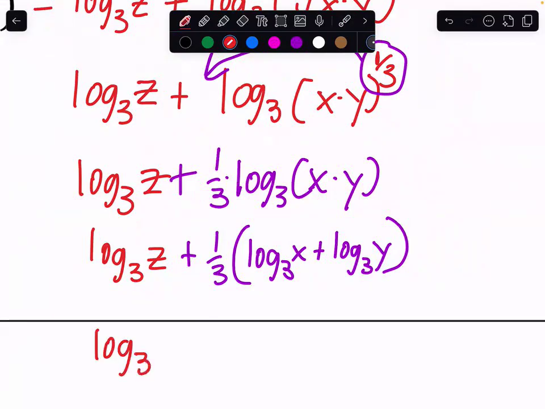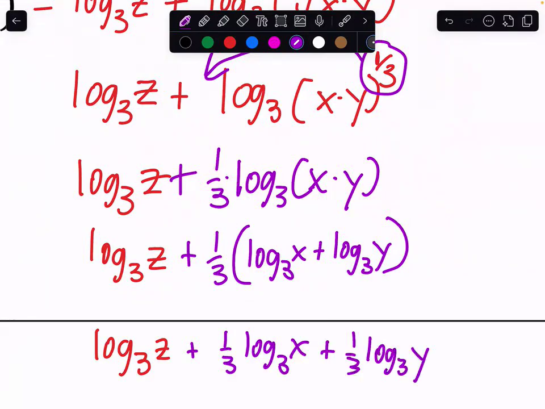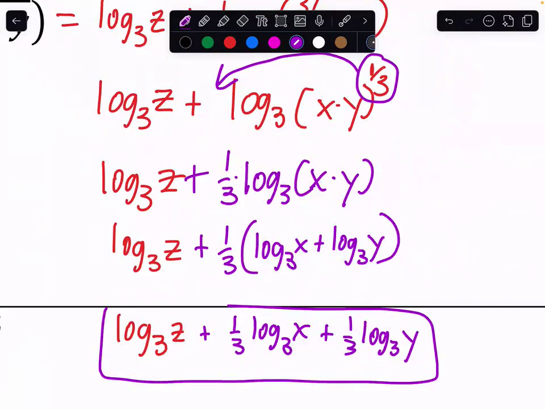Okay, and then finally, I can just distribute the 1/3 out to both terms.